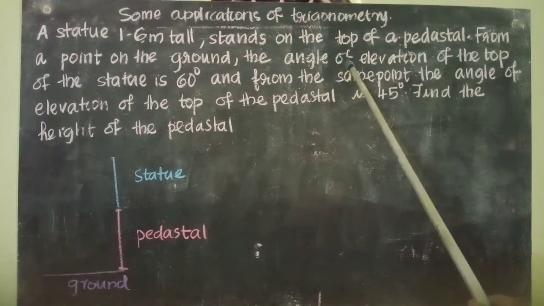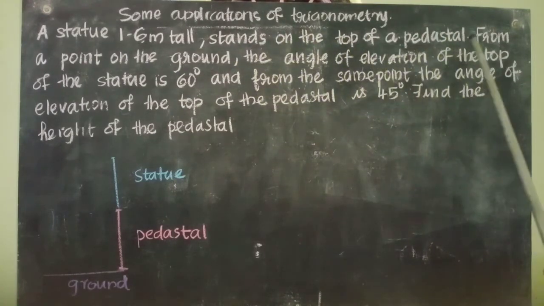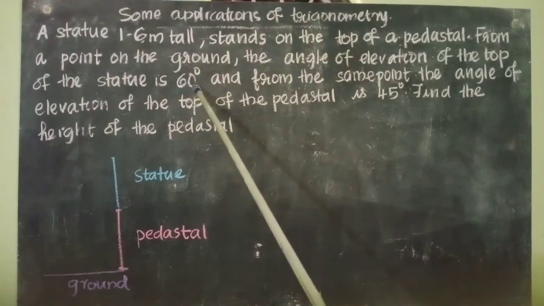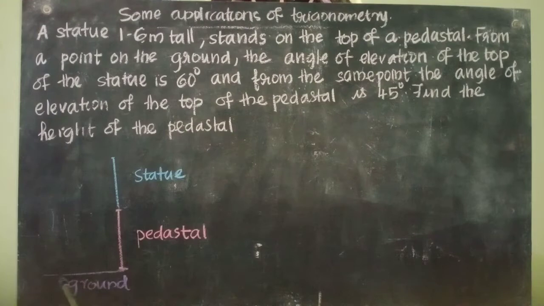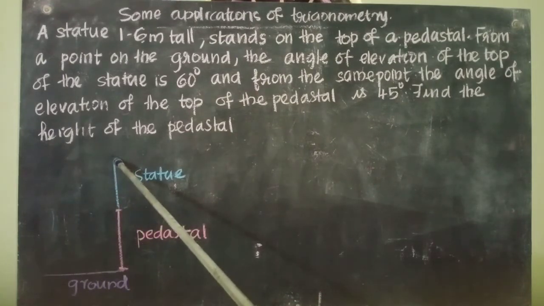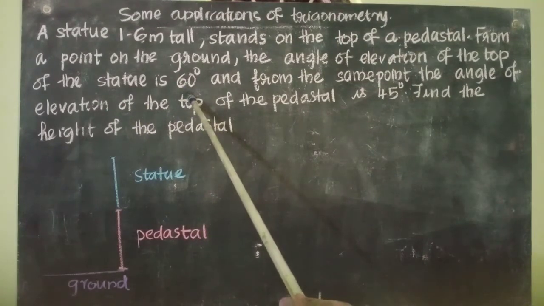And it is given angle of elevation of the top of the statue is 60 degree. This is the ground. From a point on the ground, the person is looking to the top of the statue at an angle of elevation of 60 degree.